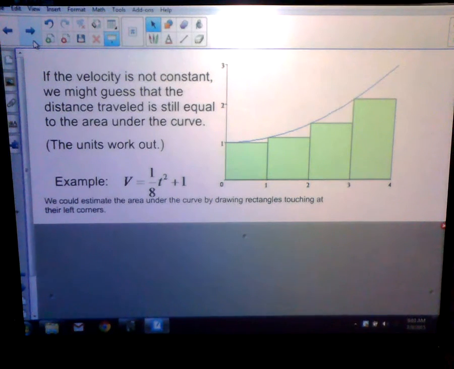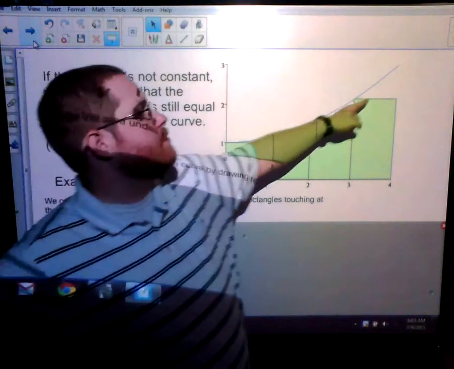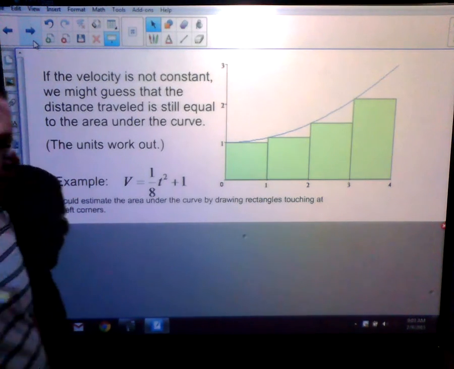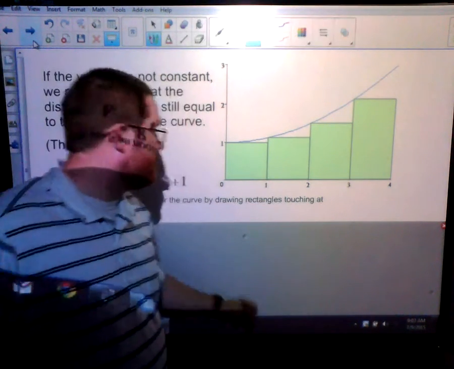What if velocity is not constant, and you have this graph? So this is a velocity graph, the blue thing. Let's say I wanted to estimate the area under it. I'm going to draw 4 rectangles that are going to touch on the left side.